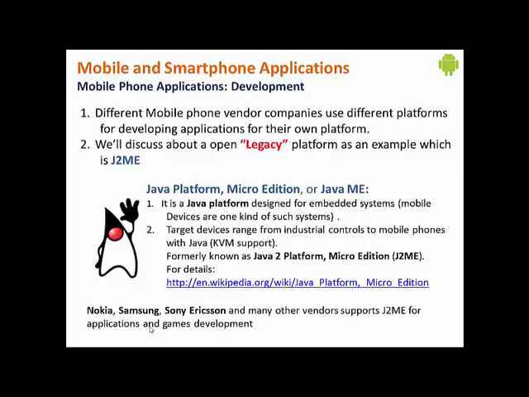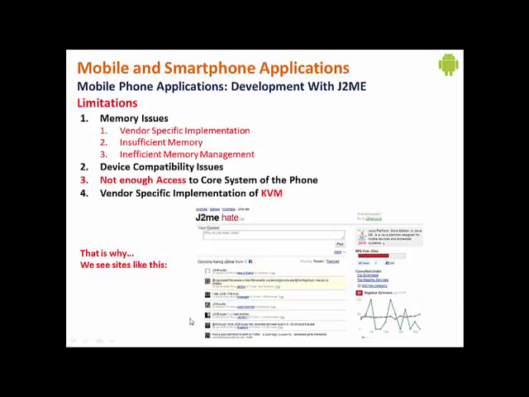The problem with Java Micro Edition, which companies like Nokia, Samsung, Sony Ericsson and many others have faced, is memory usage, vendor specific implementation, insufficient memory and not a proper memory management. Of course, there are device compatibility issues, and they don't have complete access to the core system of a mobile. And there is vendor specific implementation of KVM, the virtual machine, I'd say.